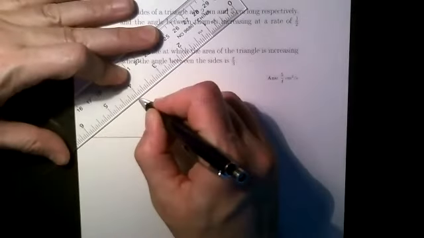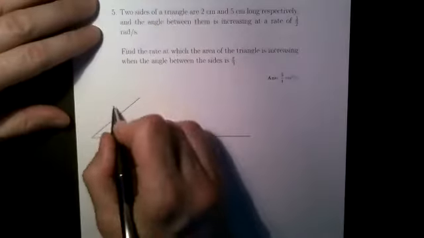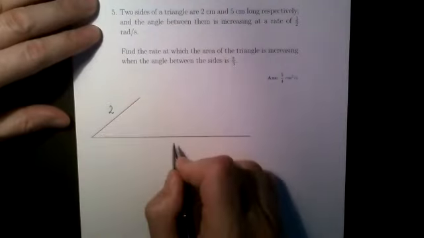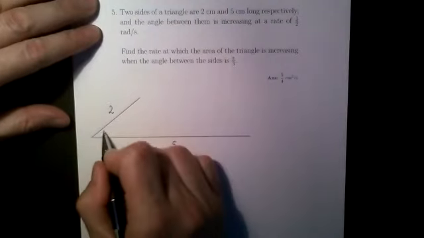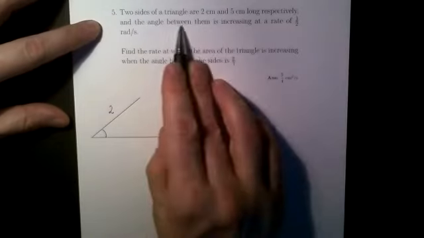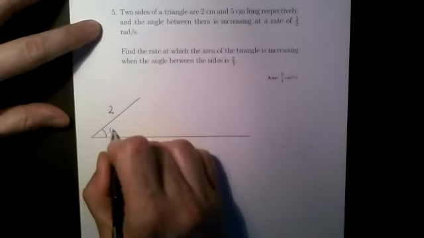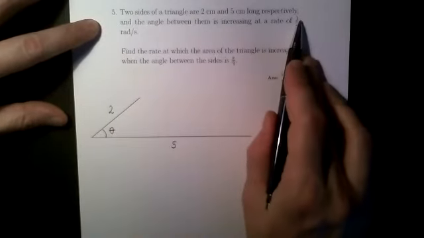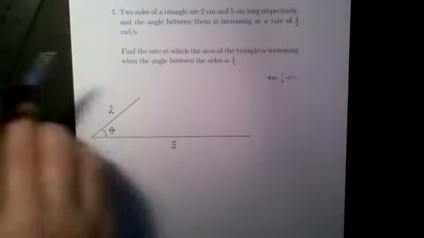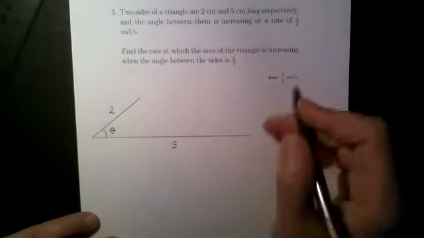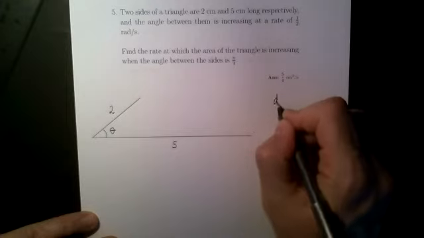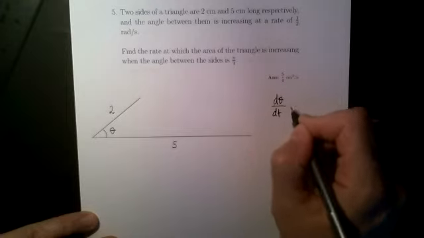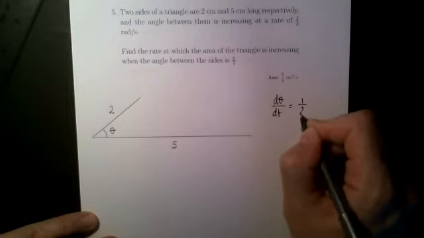Okay, something like this. So 2 and 5. And there's an angle between them, let's call it theta, that is increasing at a rate of 1/2 radian per second. So right away, I know that d theta dt is equal to 1/2. Okay, that's what's given to me for now.